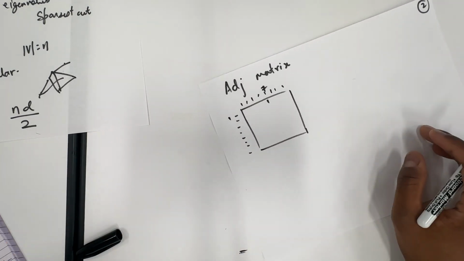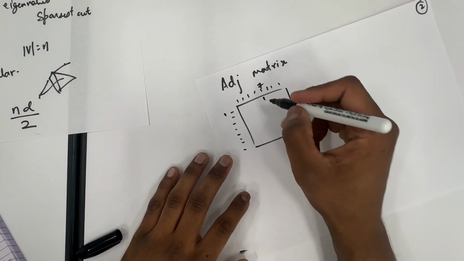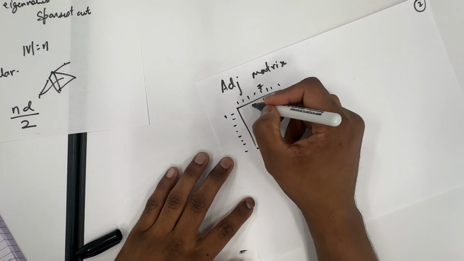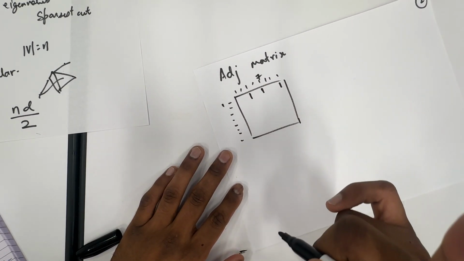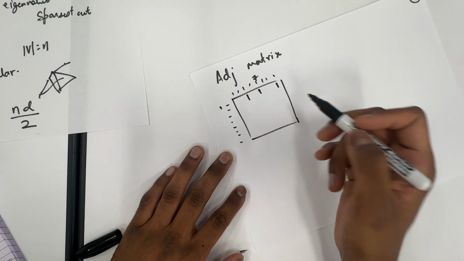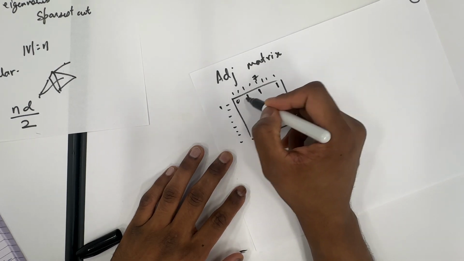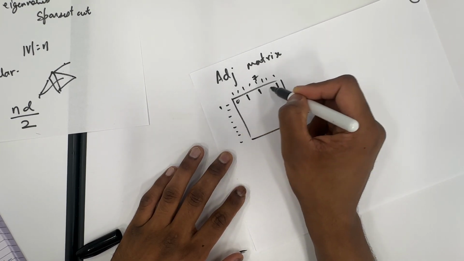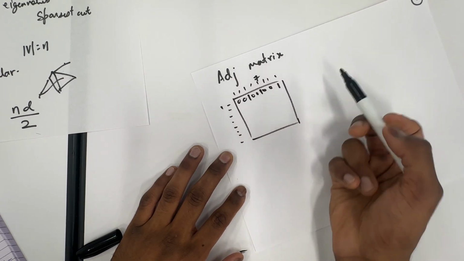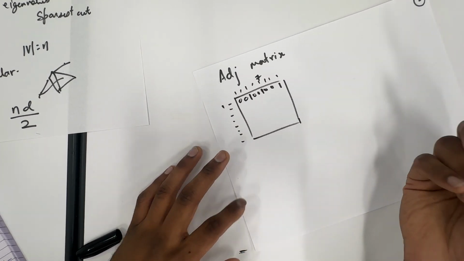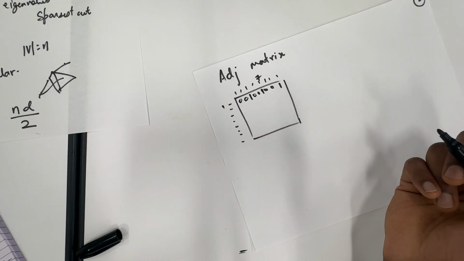I am assuming all of my vertices are indexed in some manner. So there will be a 1 here, a 1 here, a 1 here, and how many edges does every vertex have? It has d. So d elements will be populated, all of the rest will be 0. Let's say d was 3, so 3 entries will be populated, and every other entry will be 0.